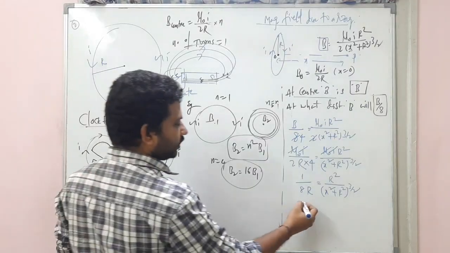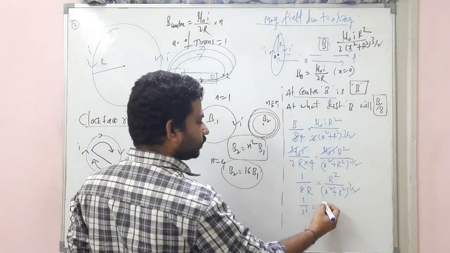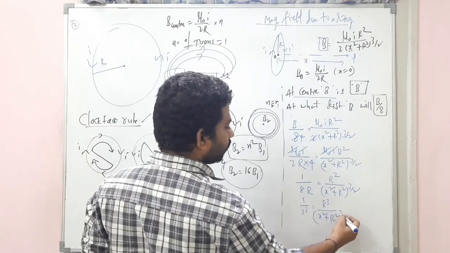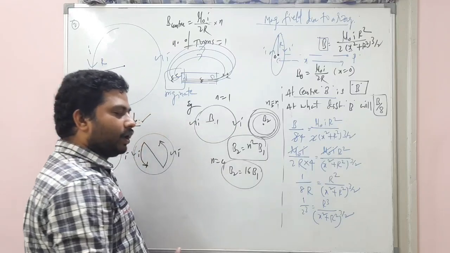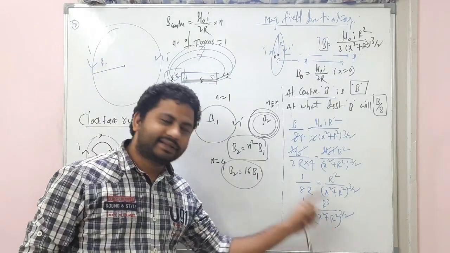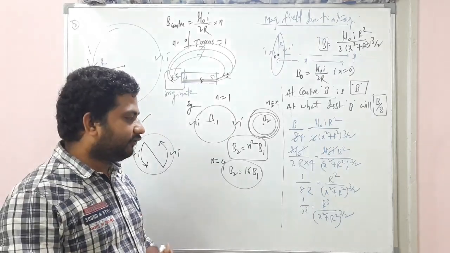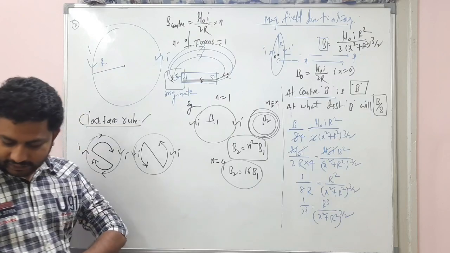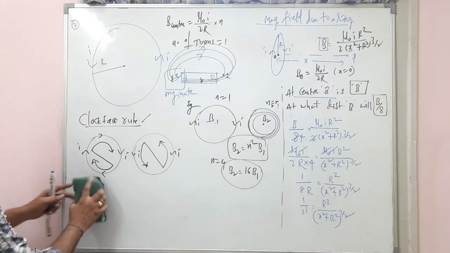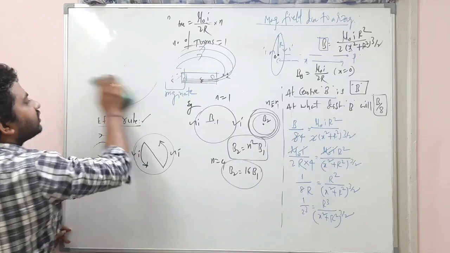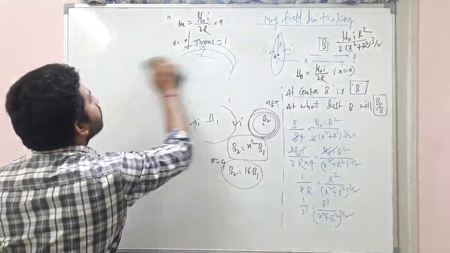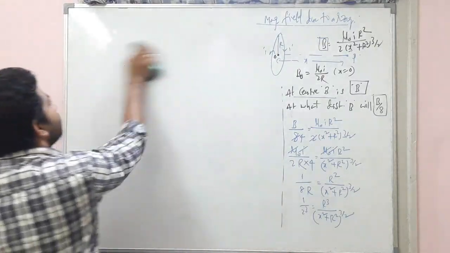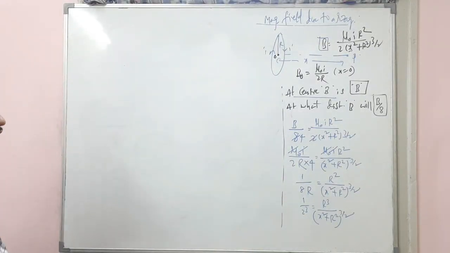So this is 1 by 2 cube equal to R cube divided by (x square plus R square) all to the power 3 by 2. If you apply the cube root on both sides, what happens? As we are solving this first question for the first time, I am solving it in detail.